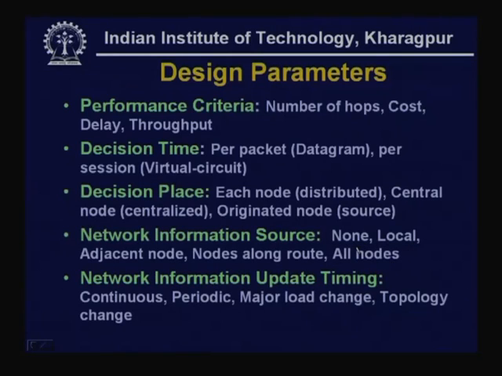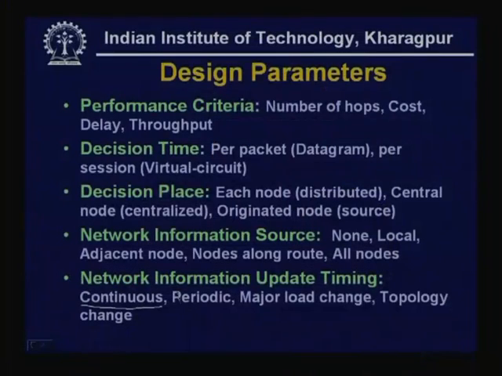Finally, the network information update time. That network information update time can be continuous. First, in the first place, as I told, the routing algorithm should decide what kind of information it will use, local or from neighbors or none or global. So, whenever it is local, it can be continuous, or if it is from the neighbors or if it is from all other nodes, then it can be periodic.